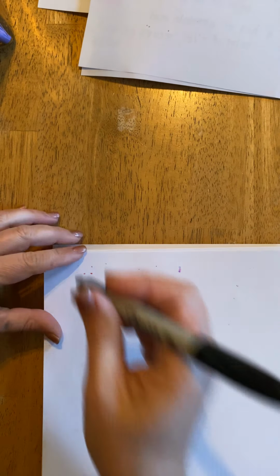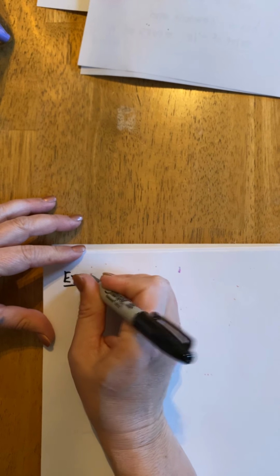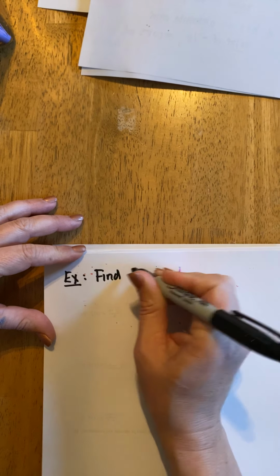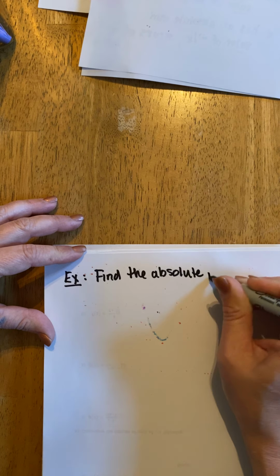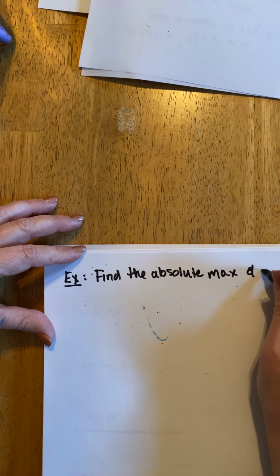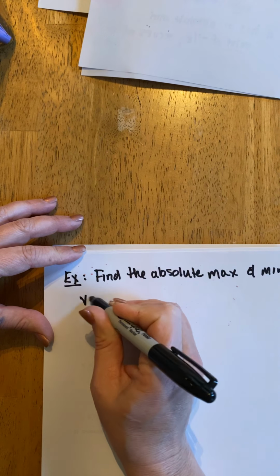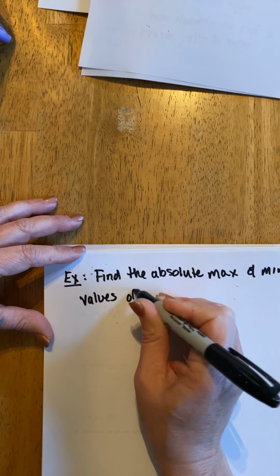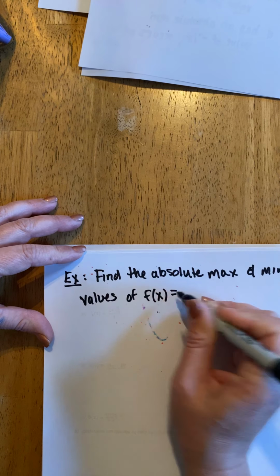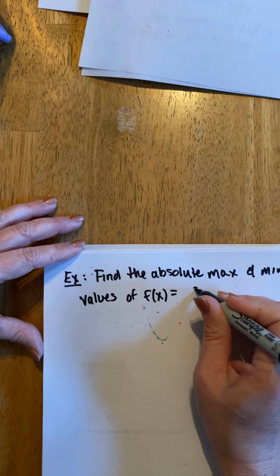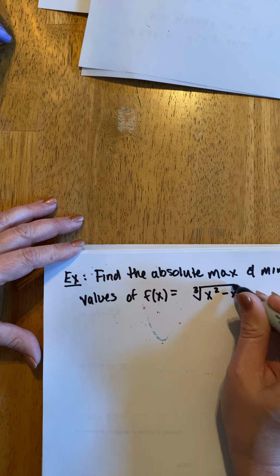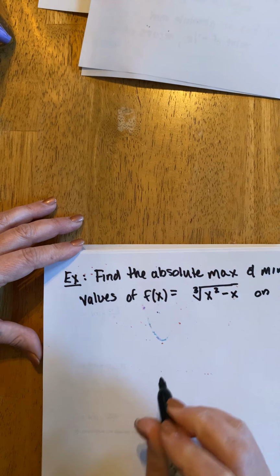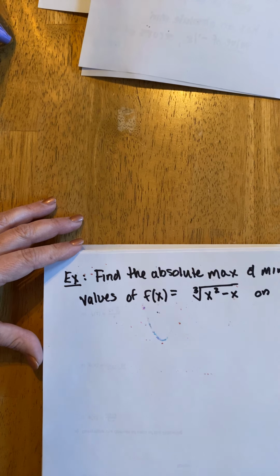All right, so let's find the absolute max and min values of f of x equals the cube root of x squared minus x on, let's do, I'm trying to save myself a little time here.